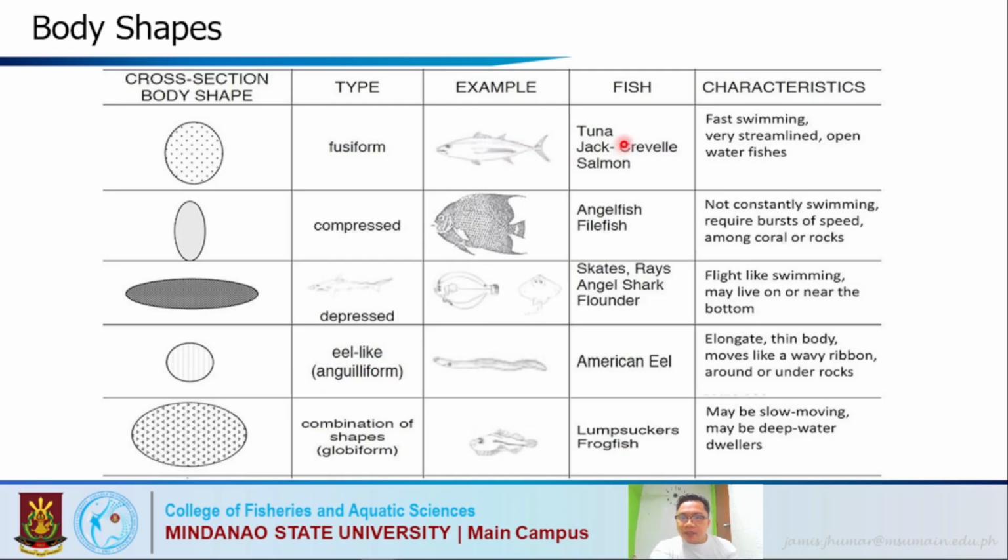Examples of fusiform are tunas. For the fusiform compressed are angelfish or filefish. Depressed are skates, rays, sharks, flounders, and etc. Each of which has different characteristics with regards to their swimming and feeding behaviors, as explained here. So you might want to take a look at that.